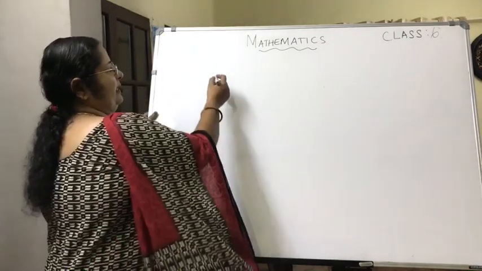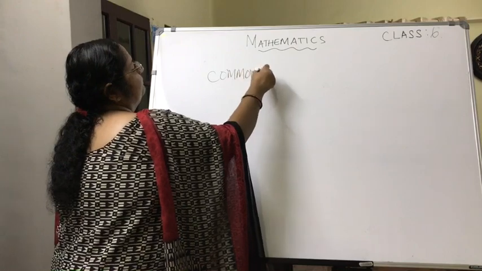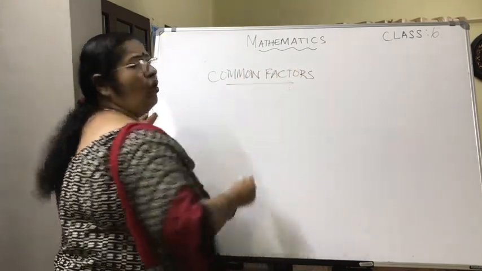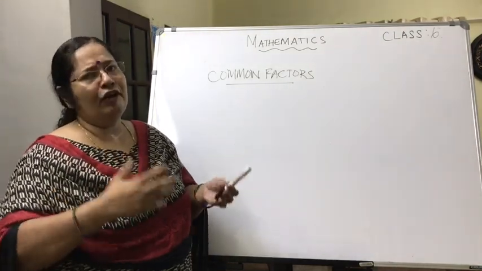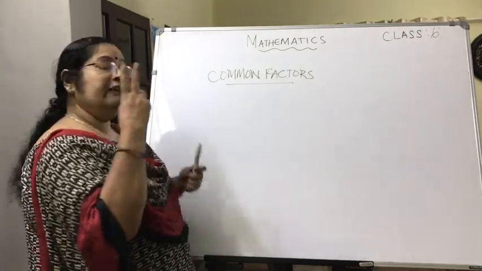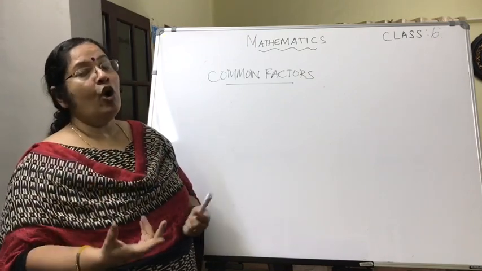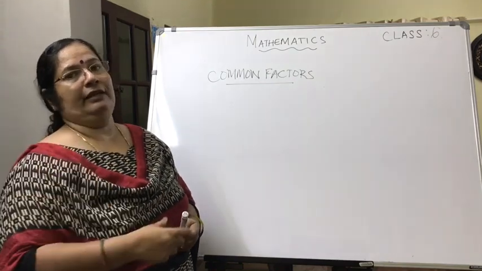So the next topic is common factors. Common means which are same for both. So given two numbers, you are going to find the common factors for those two numbers taken together.